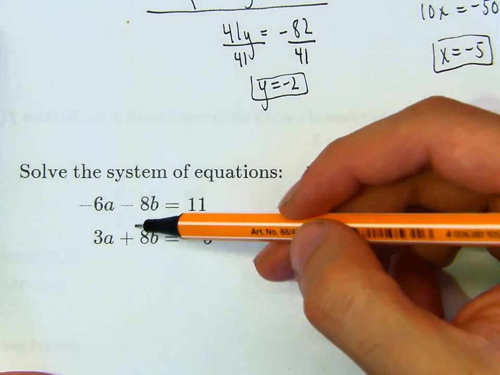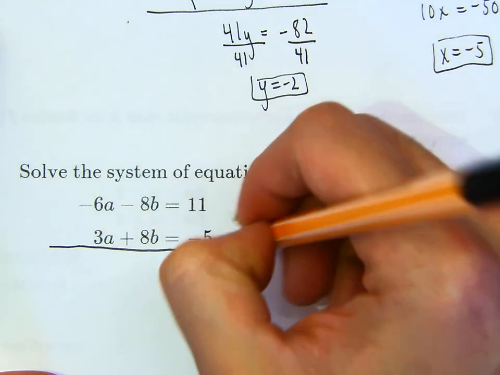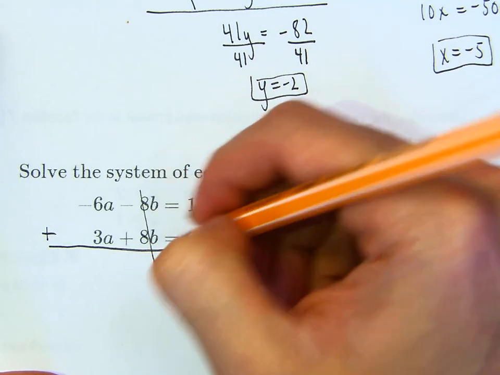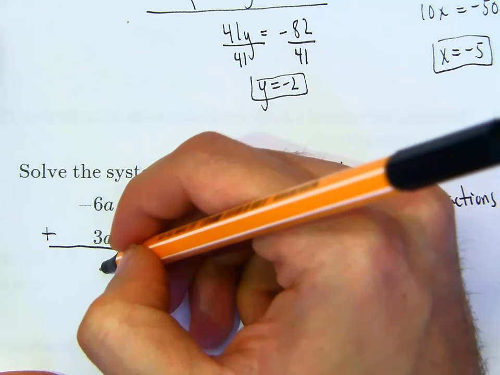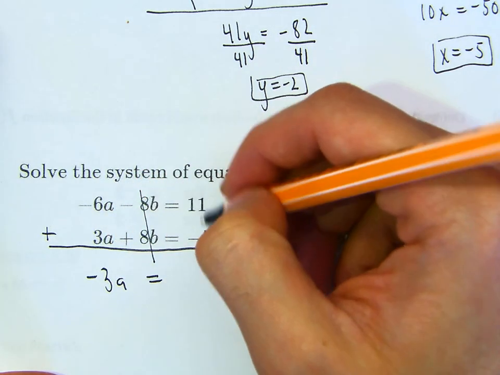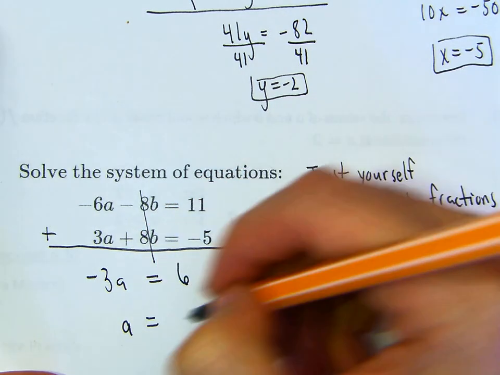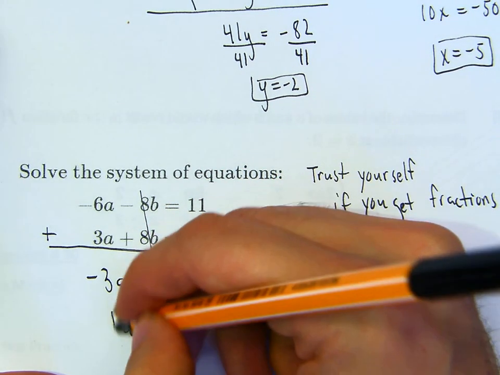Notice you have a plus and minus of the same number, 8, so the b's will cancel once you add them. Negative 6 plus 3 is negative 3a equals 11 minus 5, which is 6. So then a is equal to negative 2.